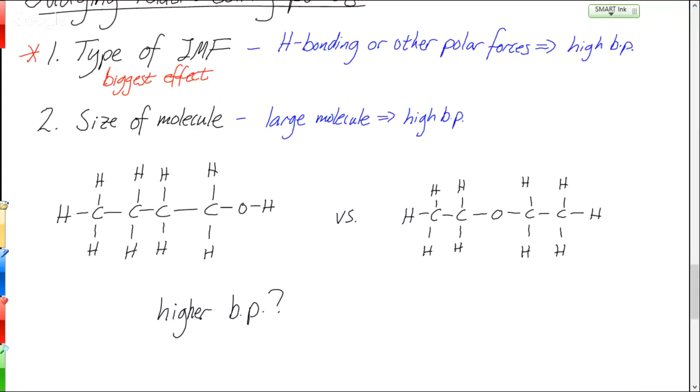and have some less polarity there. So in this case, these are made of the same types of atoms, but the big difference here is that the one on the left has this OH there.